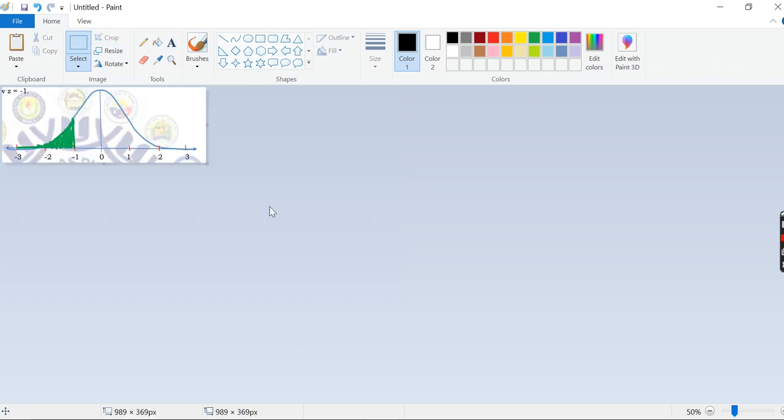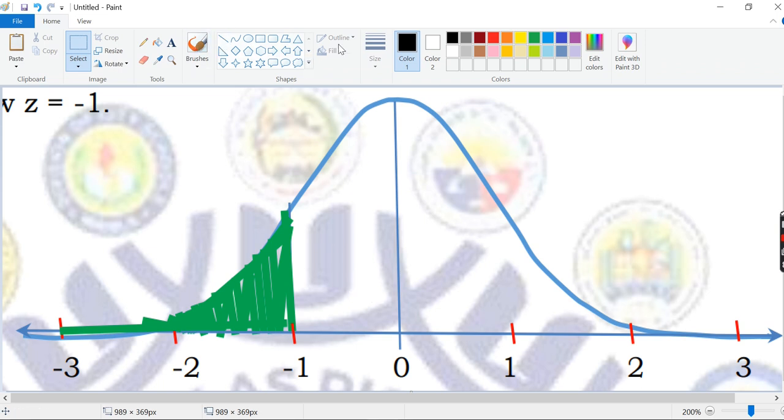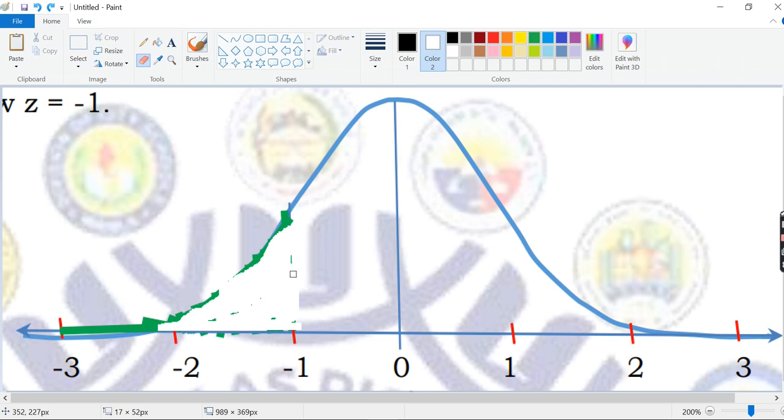Let me brush it. Oh, sorry, we just simply erase this. So just think that there is no green part here.